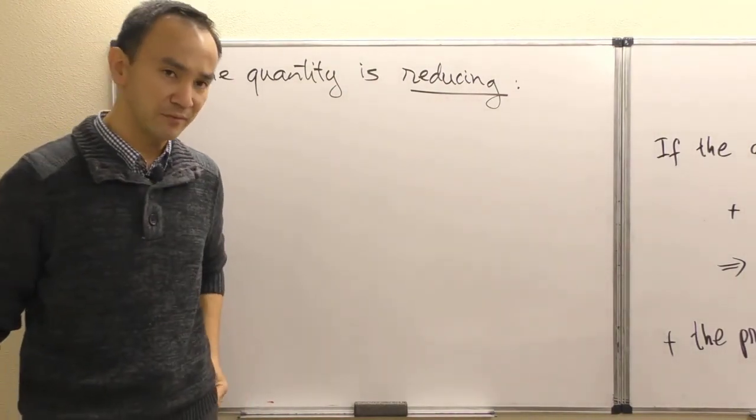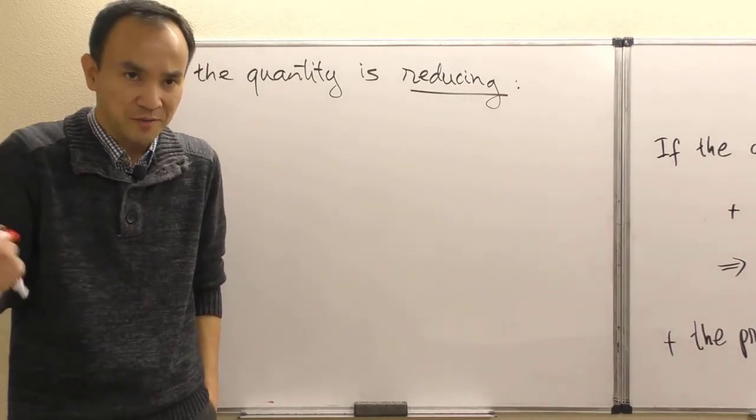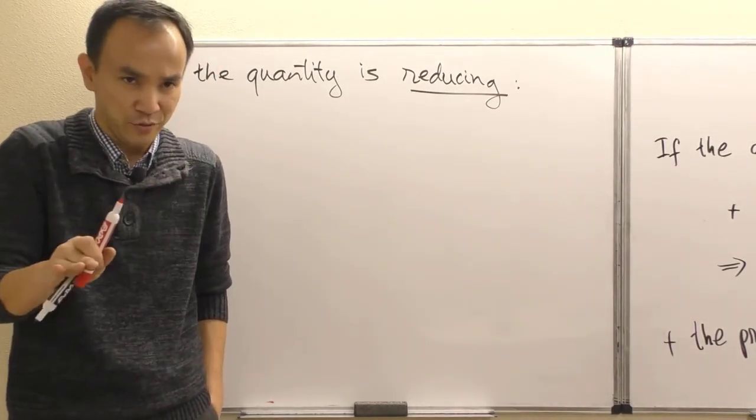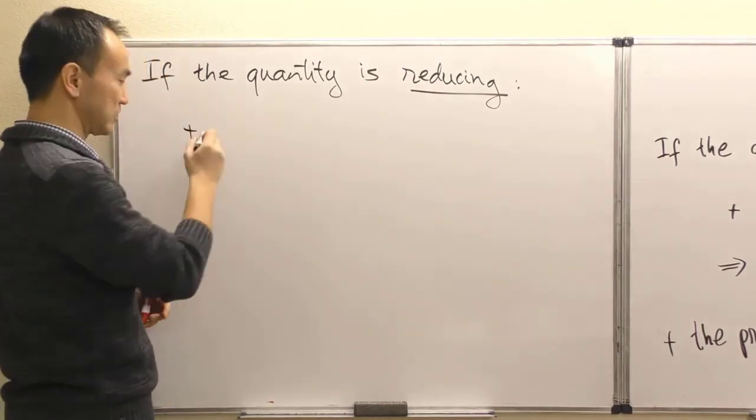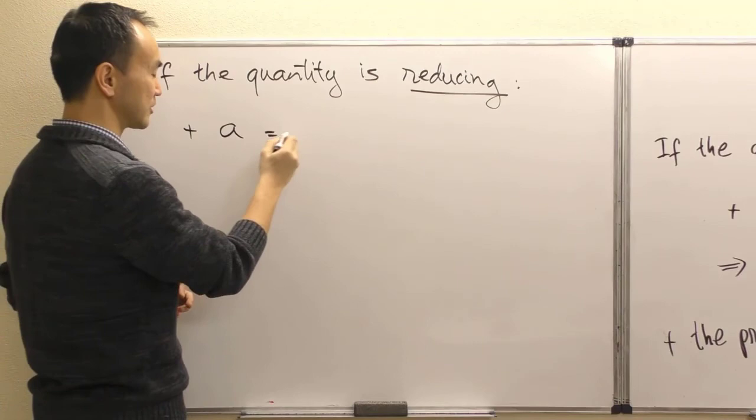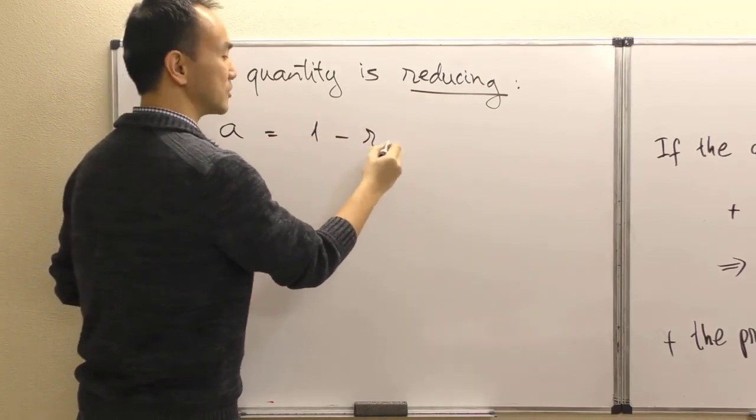So if the quantity is noticed to be reducing, then the base a in our exponential function is going to be 1 minus the rate.